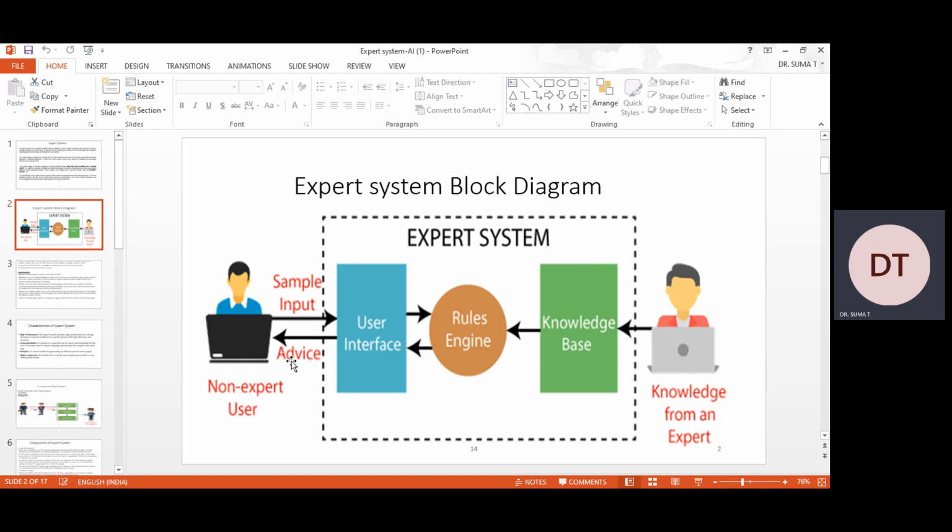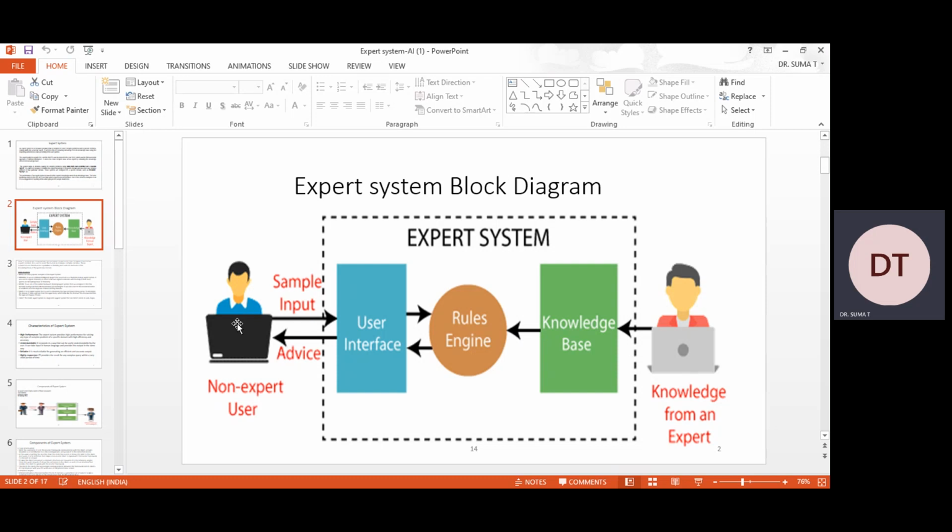Whatever we are going to send, the user interface is going to communicate, and it will give the rules of the engine, what rules it is going to follow. Then the rules engine is going to specify what rules that particular domain has to follow, and the expert is going to send the knowledge based on the domain of the problem the user is going to input.